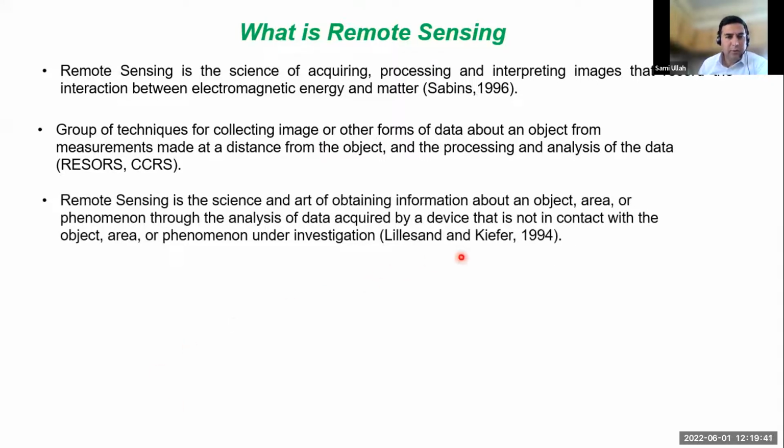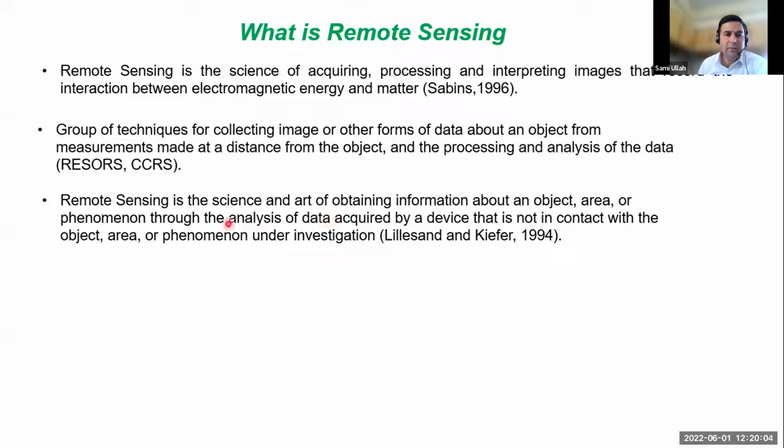Also, Lillesand and Kiefer are really famous personalities in the field of GIS. They defined remote sensing as the science and art of obtaining information about an object, area, or phenomenon through analysis of the data acquired by a device that is not in contact with the object, area, or phenomenon under investigation.